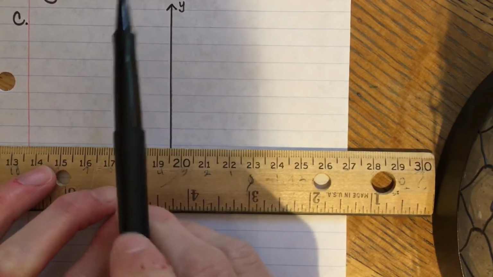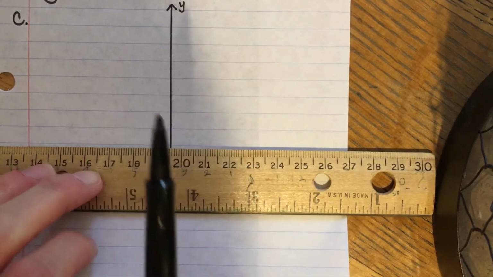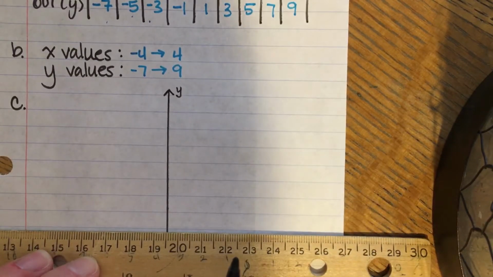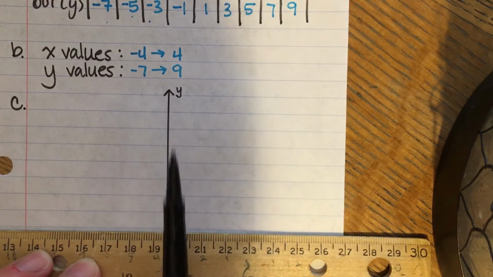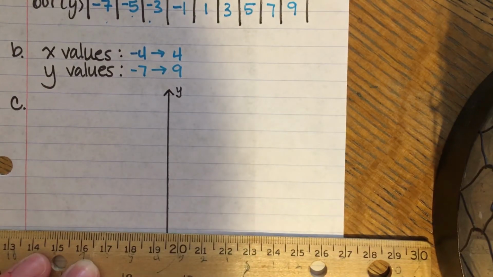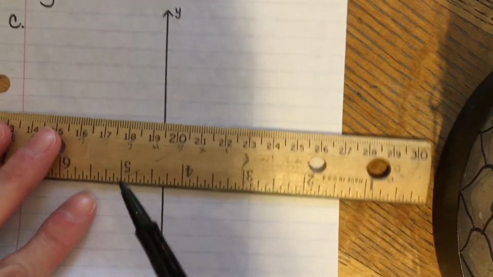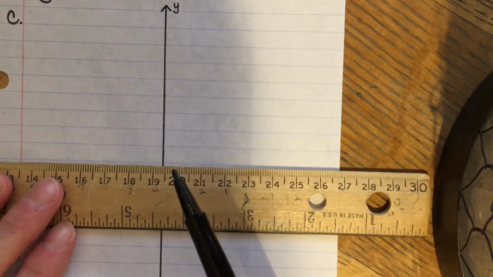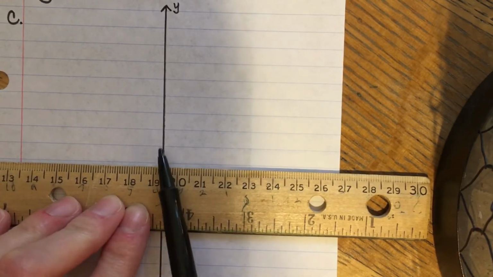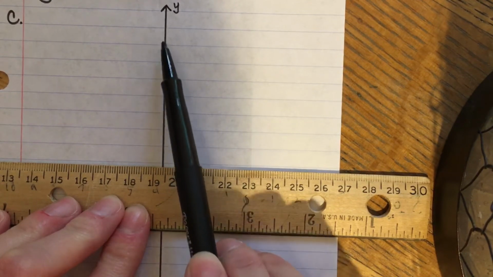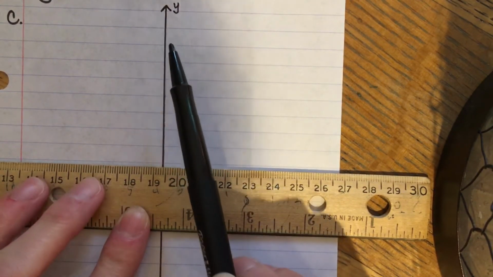So remember, our greatest x value is 4. My greatest y value is 9. So this needs to at least go up to 9. I can count by 2s or however I want to do it, but I'm going to count by 1s. So let's see here. If I make this 0, 1, 2, 3, 4, 5, 6, 7, 8.